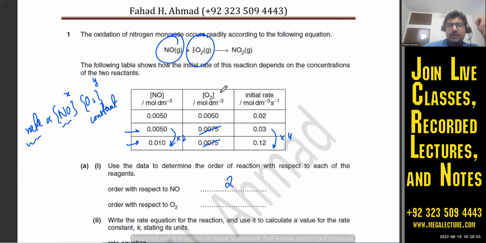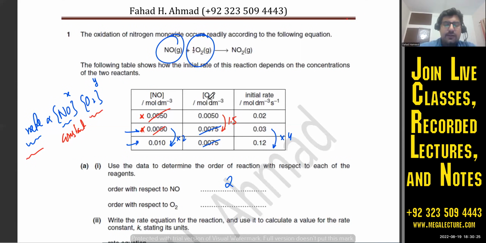और O2 का देख लो कि if I want to investigate O2, then I would have to keep the other variable constant. I just want to investigate rate with O2, so NO has to be kept constant. So in this case, I'm going to investigate this experiment and this experiment. The NO is constant. Rate increases 1.5 times. 75 divided by 50, that's 1.5.